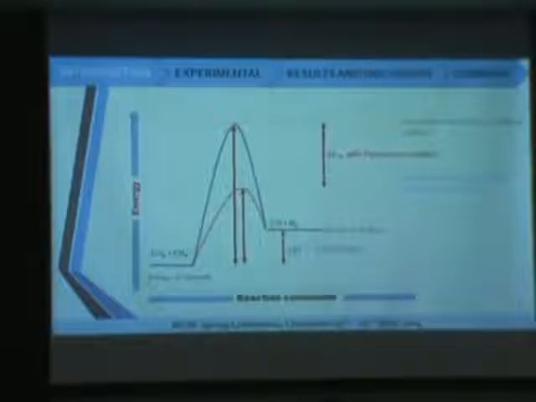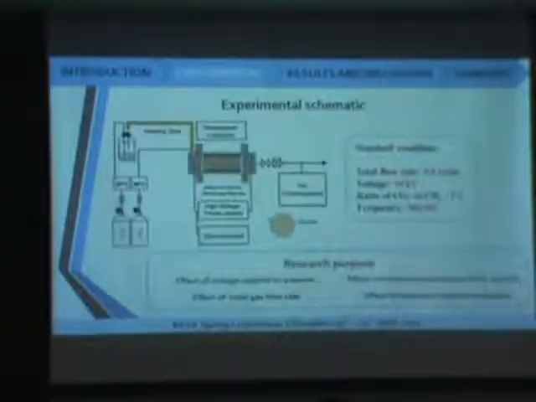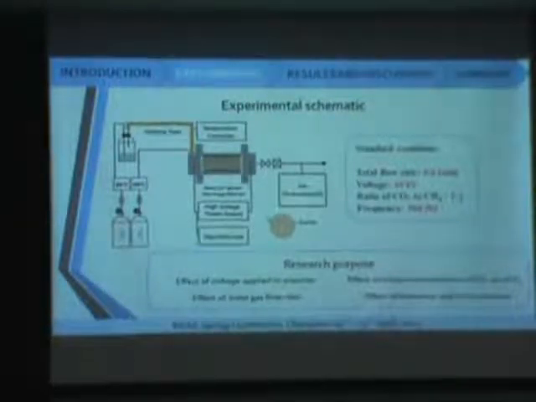So to increase conversion in the plasma process, we combine the plasma process with the catalyst, and we try to reduce the activation energy for the plasma process. Here is our experiment schematic, and in this slide I show how we prepare our experiment.